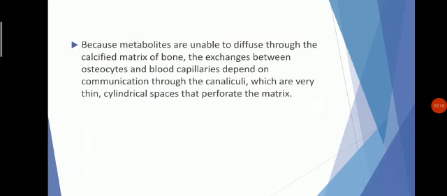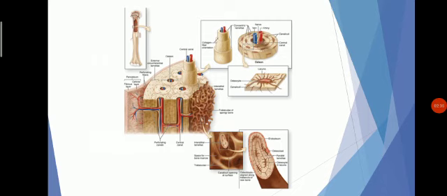Because metabolites are unable to diffuse through the calcified matrix of bone, the exchanges between osteocytes and blood capillaries depend on communication through the canaliculi, which are very thin cylindrical spaces that perforate the matrix. In this slide, we can see these are the canals through which the blood vessels pass. This is the endosteum and this is the periosteum.